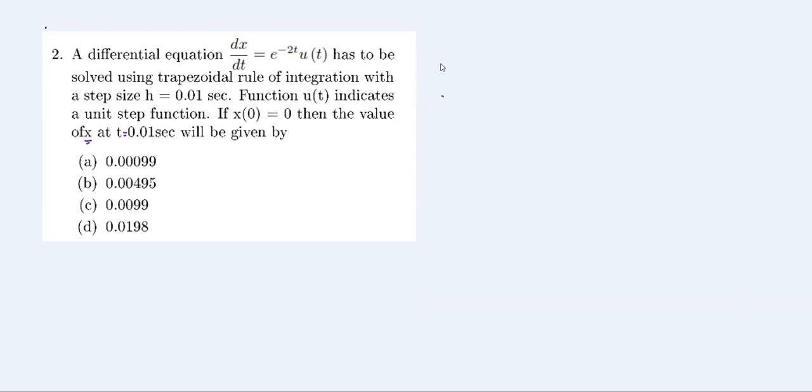First, the integrand, this u(t), is the unit step function, which means it is 0 for t less than 0 and it is 1 for t greater than 0.